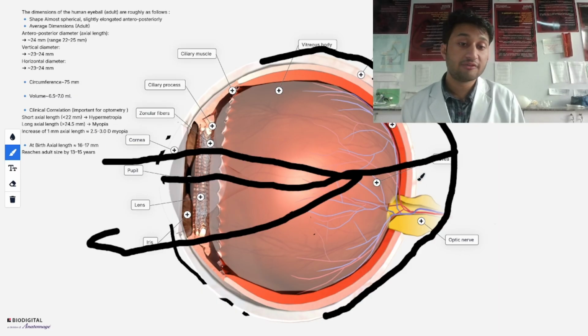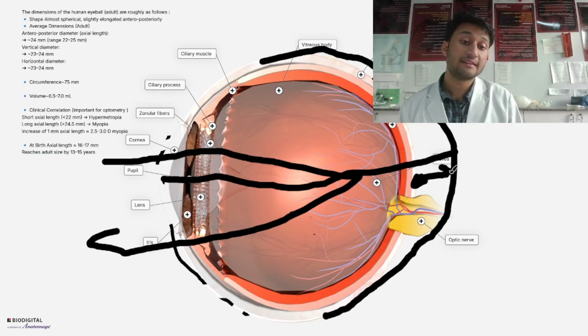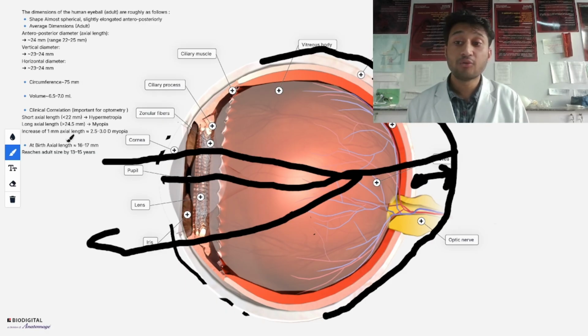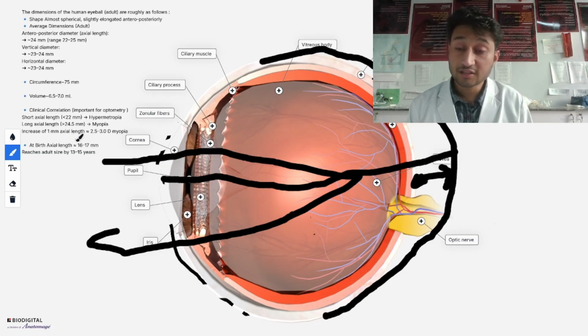Now, if the difference in the axial length is about 1 mm, there could be a change of 2.5 to 3 diopters of myopia or refractive error.